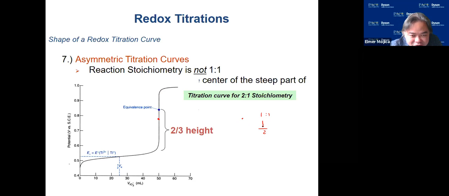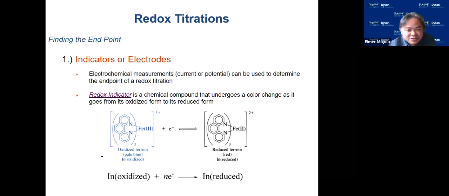So if we're going to look at the system here, the one that we have is tantalum. So we can use, in addition to electrodes, some indicators in redox titration. They use peroin, which has an oxidized and reduced form that is different in color.